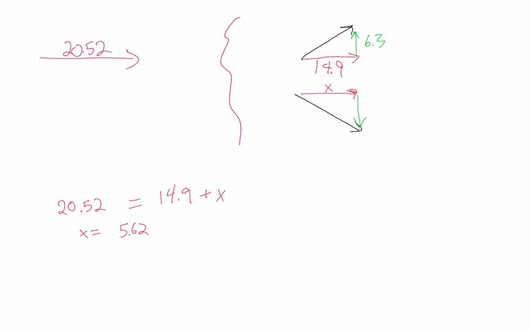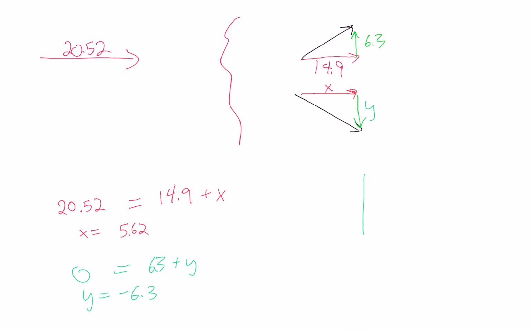Do the same thing for our vertical direction. What was our vertical motion to start with? Zero, there wasn't any. So we have 0 to start with, and we have 6.3 up. That means our y has to be negative 6.3, otherwise we wouldn't get it equal to 0. And that's it, we've got our two components figured out.